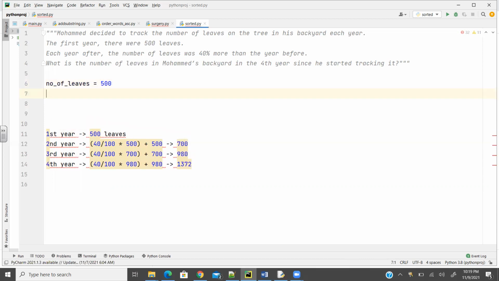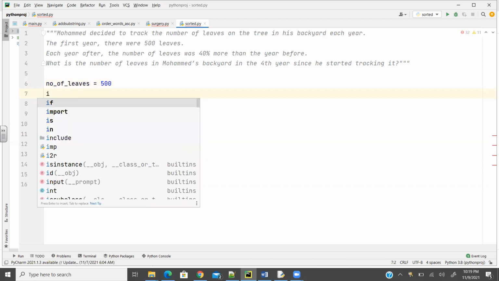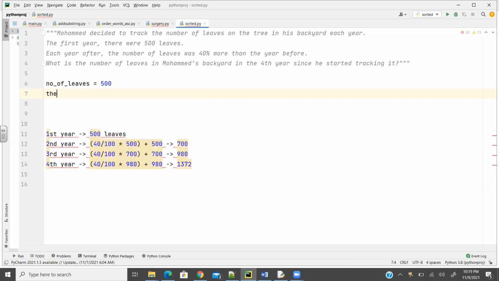You guys understand? Then I'm going to say the increase. The increase based on that percentage value should be 40 divided by 100. That will give me 0.4, but I'm just going to put it that way. So the computer will do the calculation.